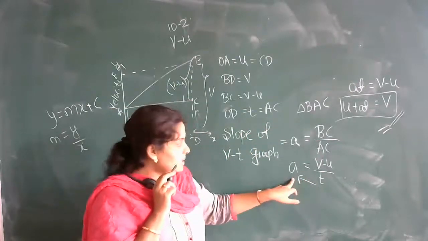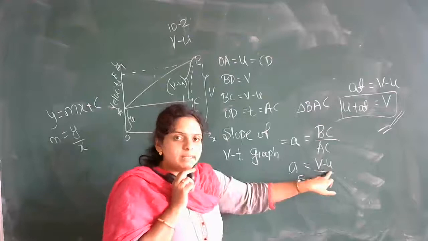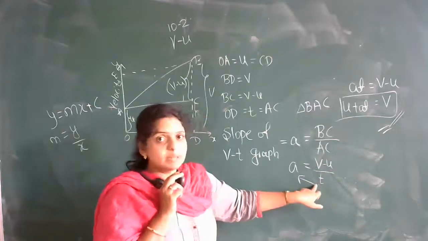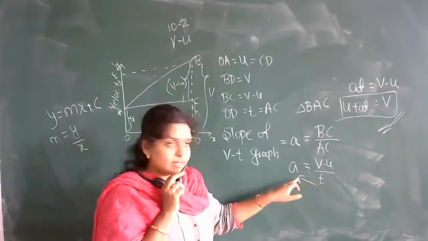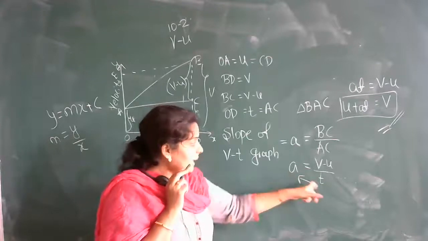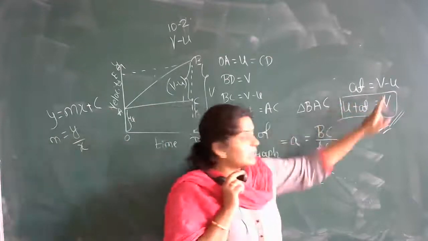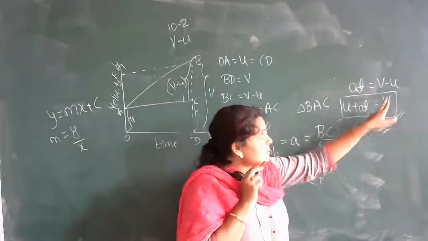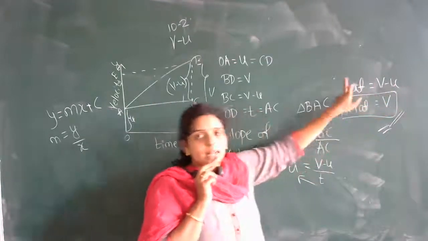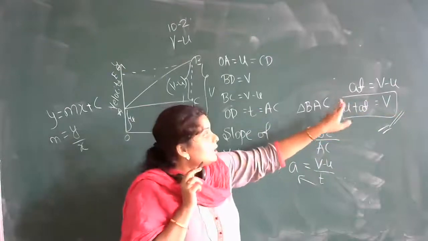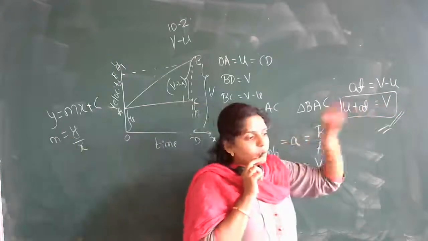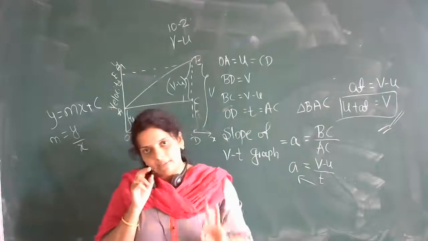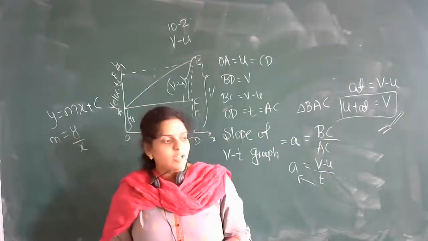Therefore, acceleration is equal to V minus U divided by T. Now you just cross multiply this. A into T, that is AT, is equal to V minus U. Next, this minus U I am transferring. Therefore, it becomes U plus AT is equal to final velocity V. Is it clear, everyone, now?